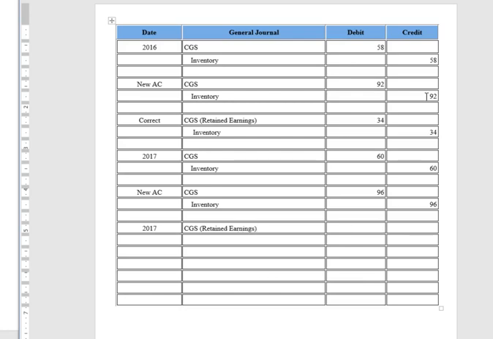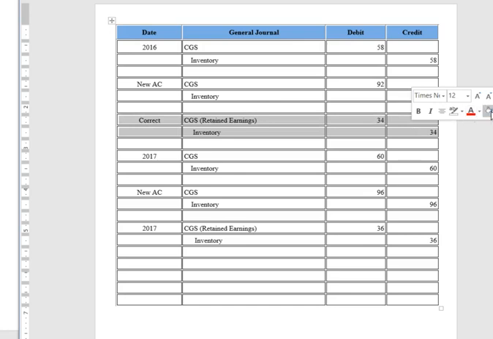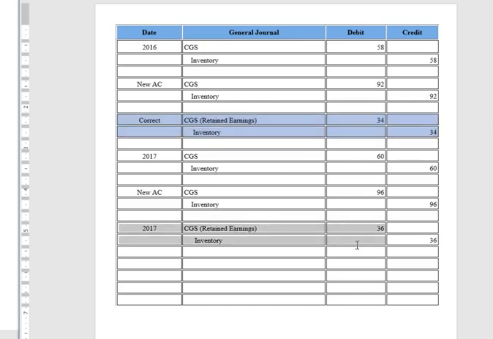It needs to be adjusted, so 96 minus 60 gives us 36. And then where would it go against? Well, my inventory then should increase by 36. So our cost of goods sold would have been much greater had we used the average cost method. So when we look at this, these are our two entries that we need to correct those 2 years.